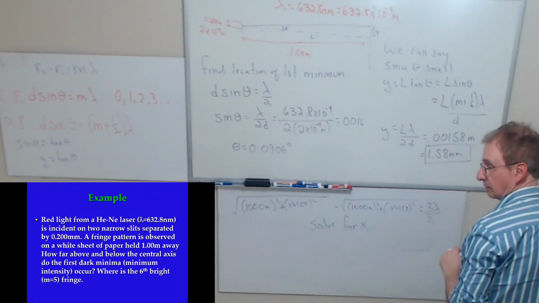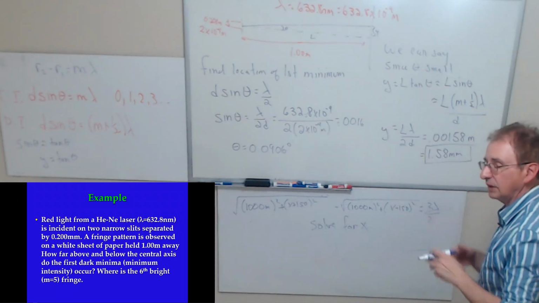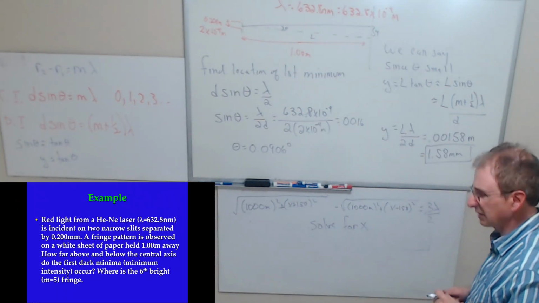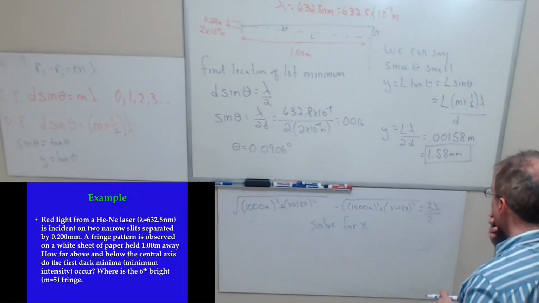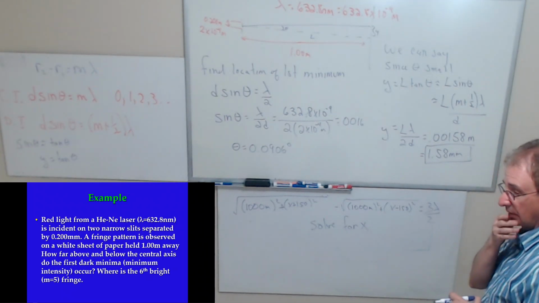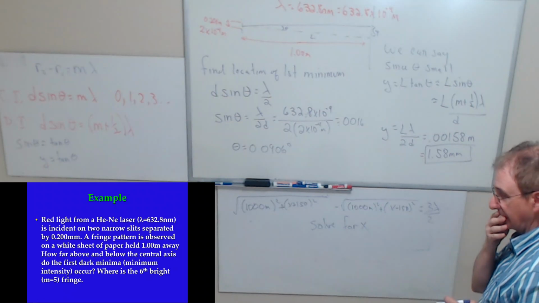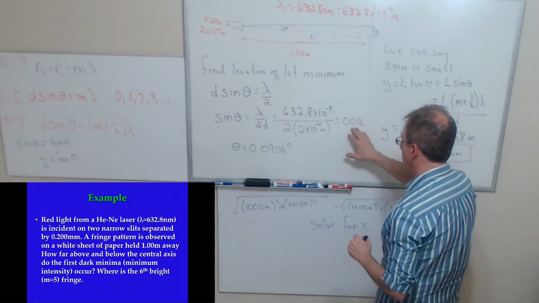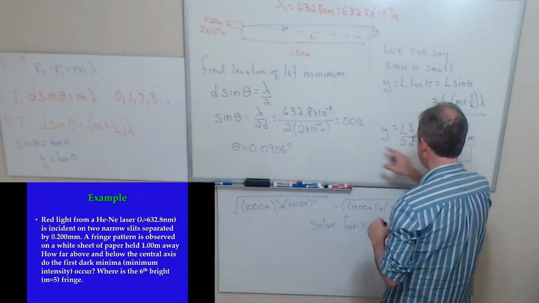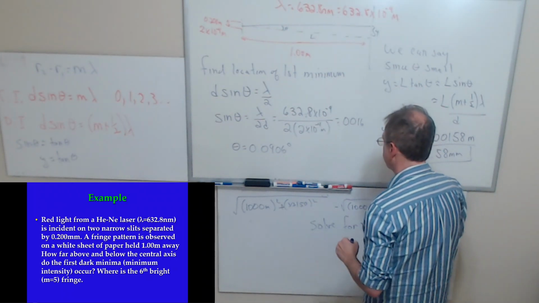If I were to plot the intensity, what would that look like? I'll show you a plot of the intensity in a second. Now, the next question is, where is the sixth bright fringe? Actually, before I do that, let me just do this with the trig. I want to compare to this.